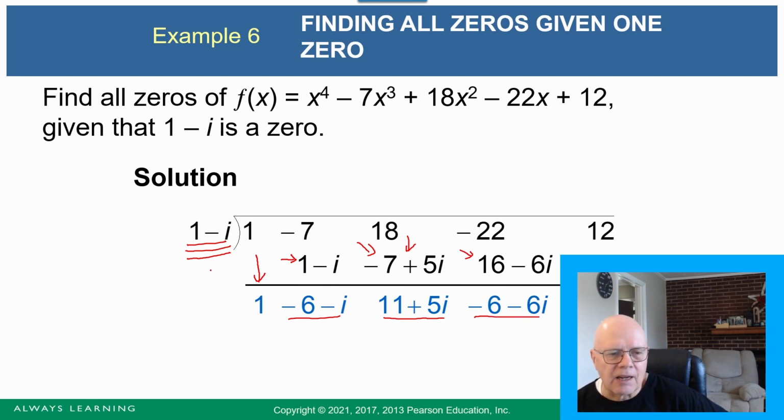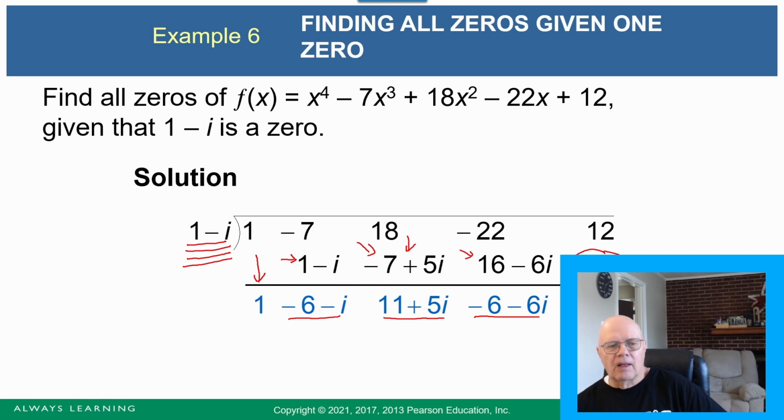Multiply that times the 1 minus i. Now that's going to take some extra work. You might have to use a scratch piece of paper, but do it once maybe. And multiply times the 1 minus i, you actually end up with a negative 12. Add it to the 12 that's up here, 0.